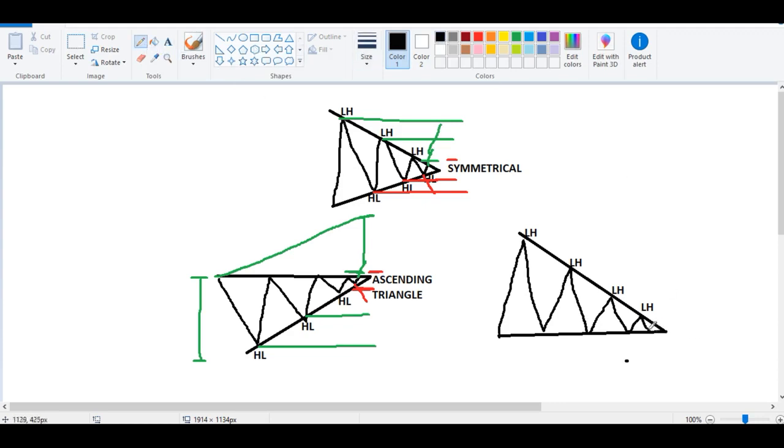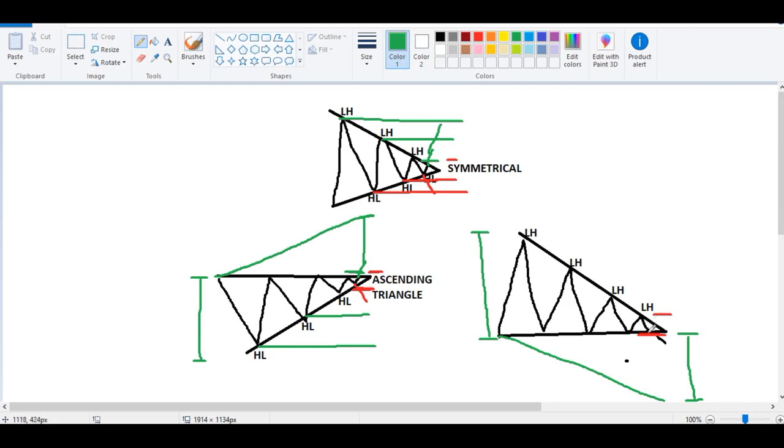So now, if this breaks towards the downside, I will take a short entry on the breakout, stop loss on the opposite end, and my target will be the parallel line to this upper trend line. Or you can simply calculate the distance from where the triangle starts forming to the low of the triangle, and that will pretty much equate to where the parallel line falls.